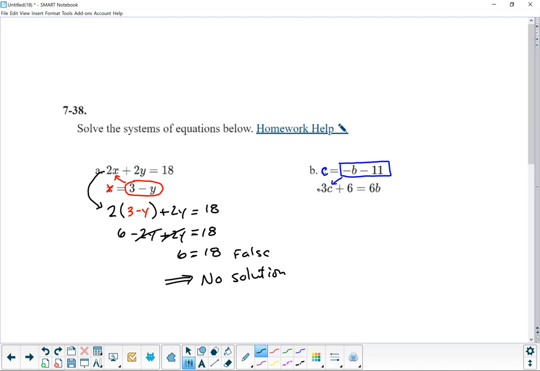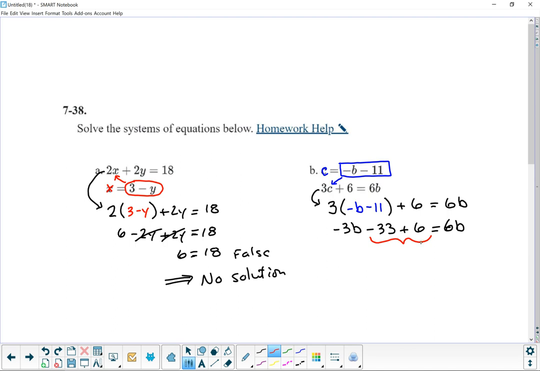So we have 3 times negative b minus 11 plus 6 equals 6b. Okay, work that out. 3 times negative b is negative 3b. 3 times negative 11 is negative 33. Plus 6 equals 6b.